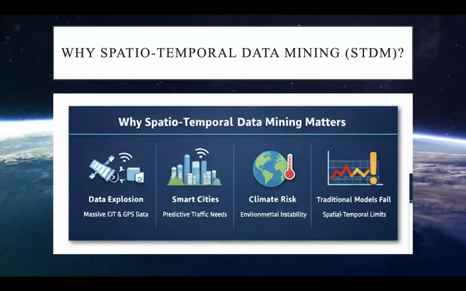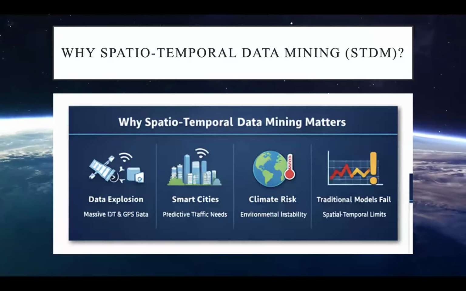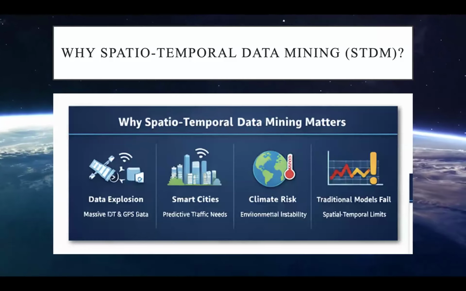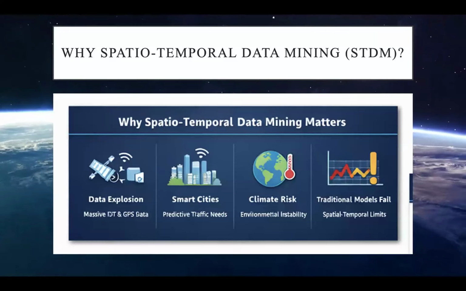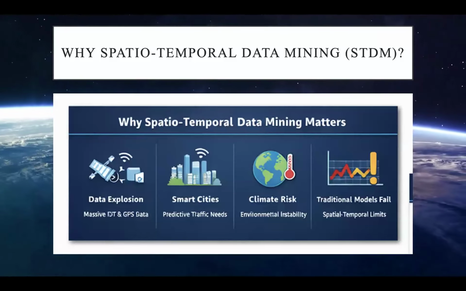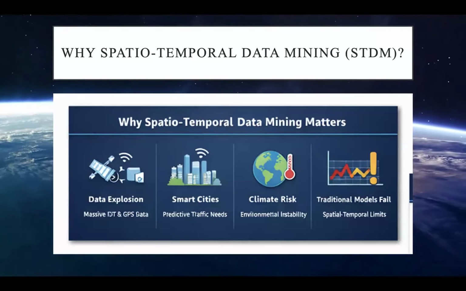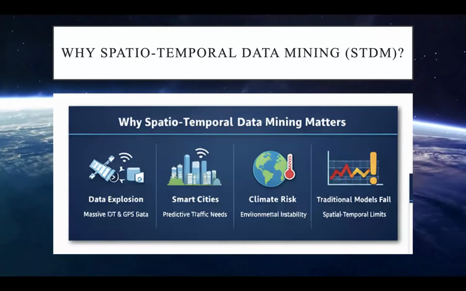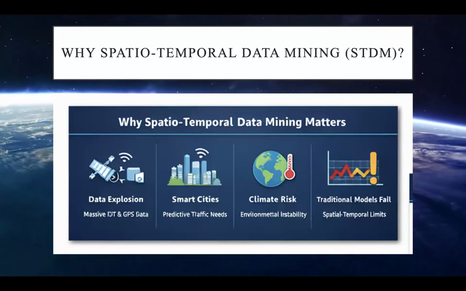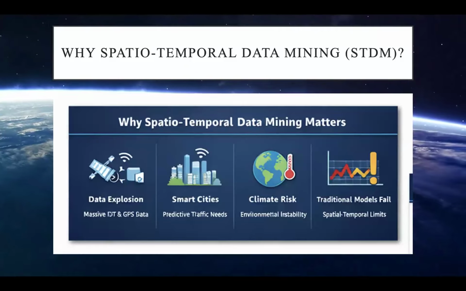Traditional data mining techniques fail to capture these evolving patterns. Here, STDM helps us understand which events are occurring, how, when and where they are occurring, and how the patterns evolve over time, making it indispensable for real-time decision making, long-term forecasting and policy planning.